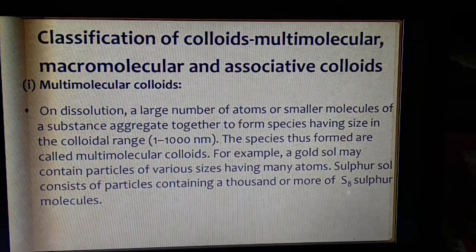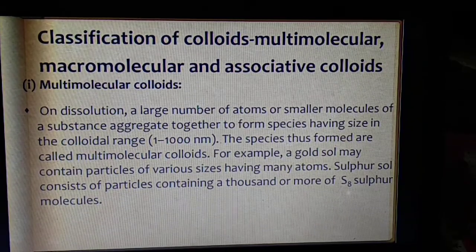So, multimolecular colloids are formed by the aggregation of a large number of atoms or smaller molecules. This forms colloidal size substances. The species thus formed are called multimolecular colloids.